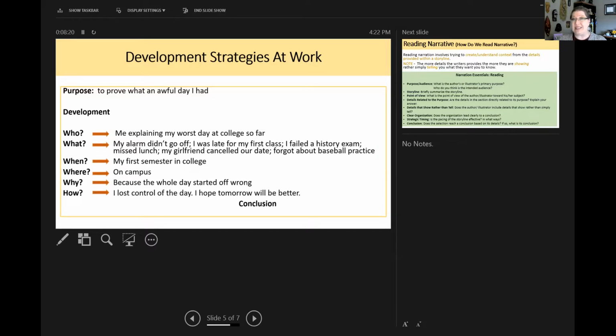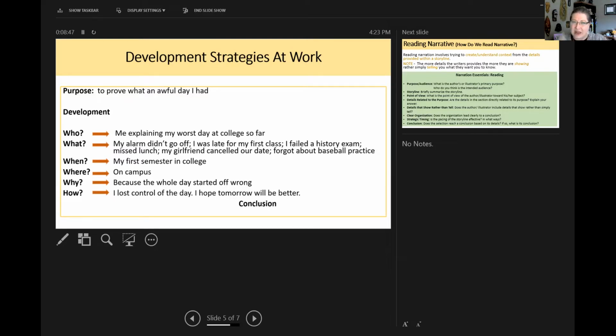So when did this happen? If it's the first semester in college and things just start piling on, where did it happen? On campus. And why? The whole day started wrong. It's that cause and effect idea. What happened that made me late for class and made me fail the history exam? My alarm didn't go off. So the how comes in.